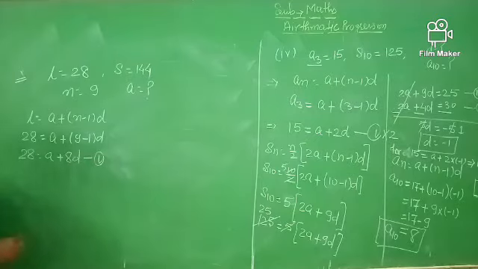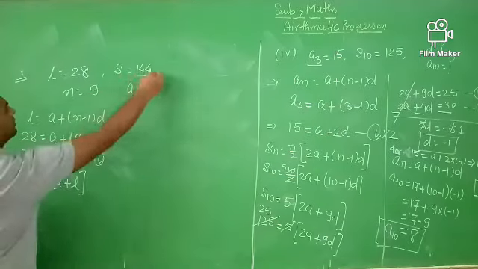Equation number first. Second, the sum of n terms is given, so Sn is equal to n by 2 bracket A plus L, because the last term is given. So the value of Sn is equal to 144.